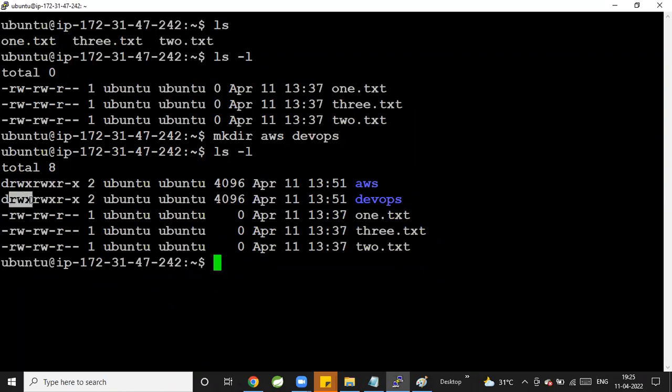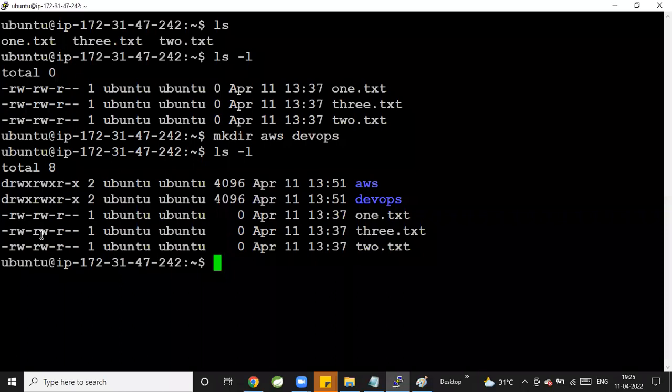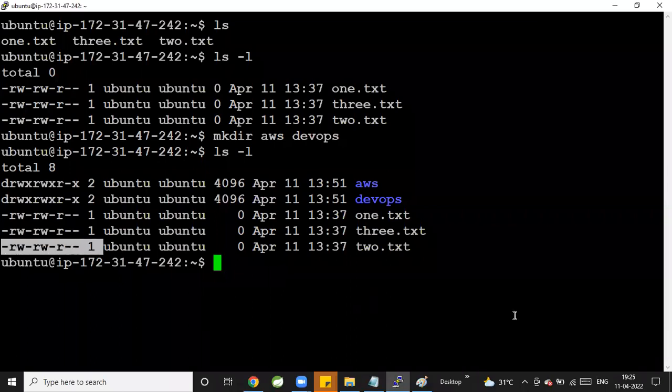Similarly, RWX user permission, RWX group permissions, R-X others permission. Here only RW- is user permission, R- others permission. Similarly here, RW- user permission, RW- group permission, R- others permission. Same thing for this also.